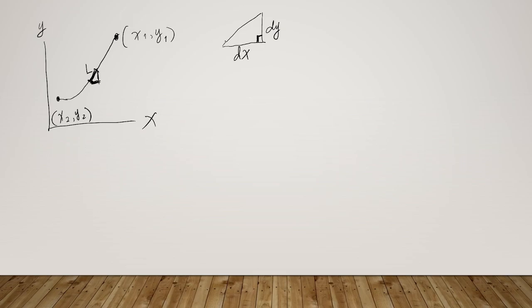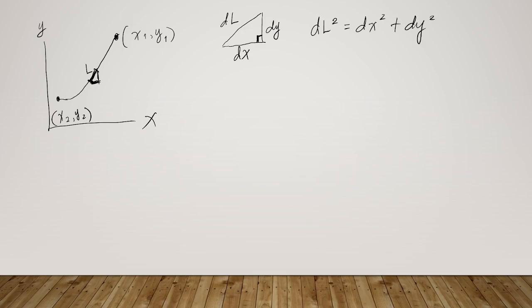And itong nakuha nating segment, this is called dl. So this is 90 degrees, so just dl squared is equal to dx squared plus dy squared.